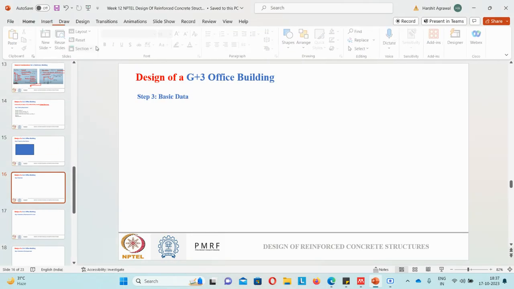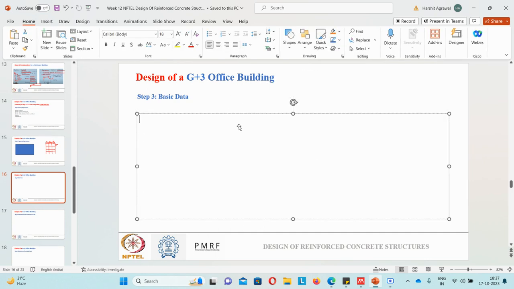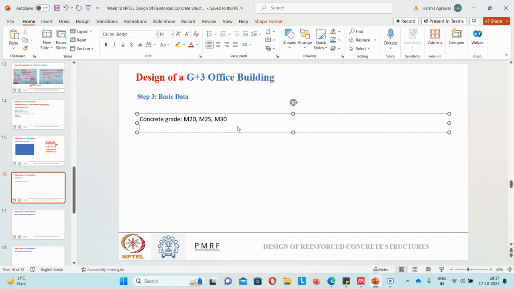When I'm talking about basic data, I need information about concrete grade, whether it's M20, M25, M30, M35, whatever I'm using. Steel grade, what steel grade will be used, Fe 250 or Fe 415 or Fe 500.